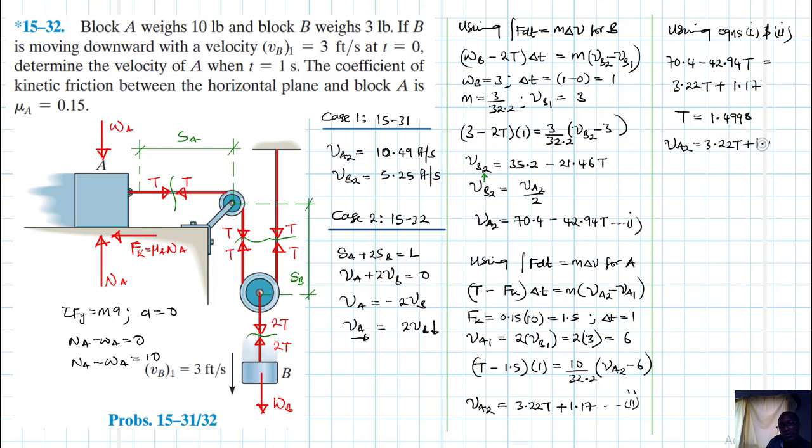So using one of these equations, we have VA2 equal to 3.22 T plus 1.17. Then we have VB2, which is equal to VA2 divided by 2. So if we feed this in, VA2 is 3.22 times 1.4998 plus 1.17.